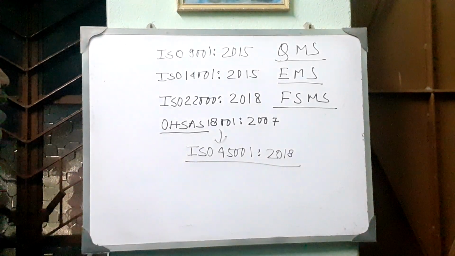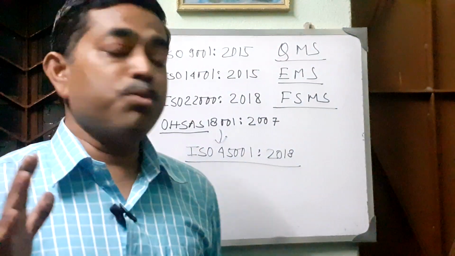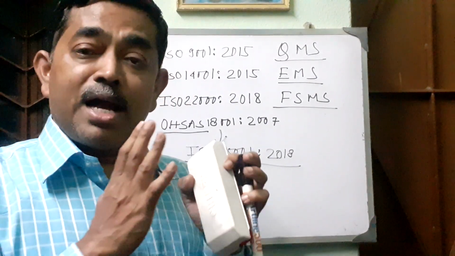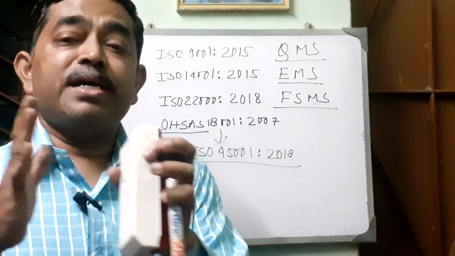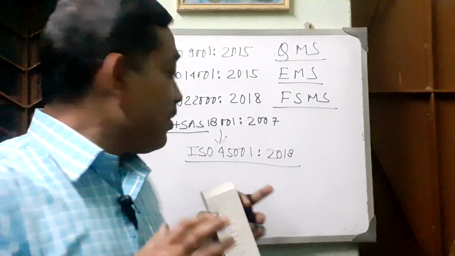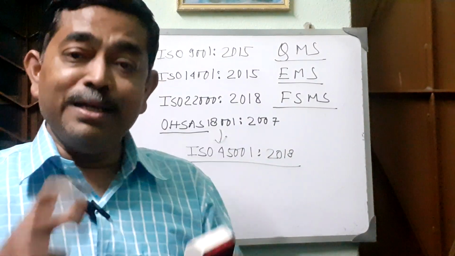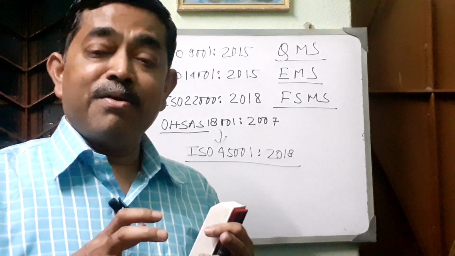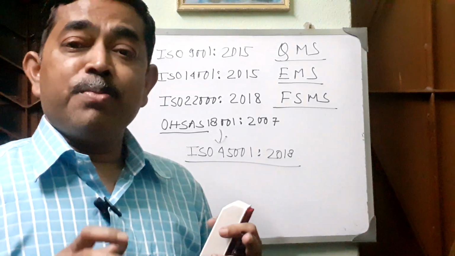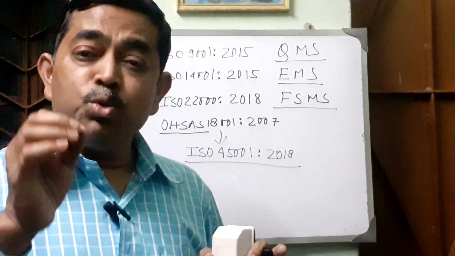So what is the difference between them? The basic difference between OHSAS 18001 and ISO 45001 is that OHSAS 18001 actually controls the known hazards, while for ISO 45001 organizations proactively find the situations and the sources which have the potential to do harm.